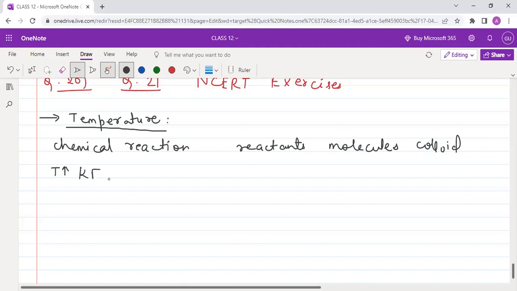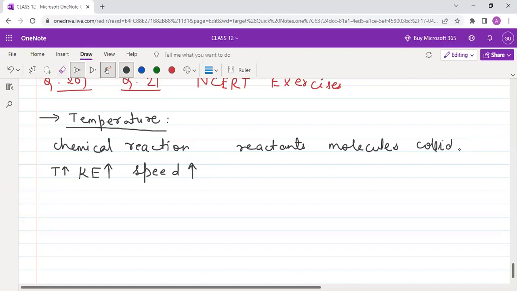That means the speed will increase, right? Yes. So the number of collisions will be more or less now? When they are moving with higher speed, the number of collisions will increase or decrease? It will increase, because their speed has increased now.